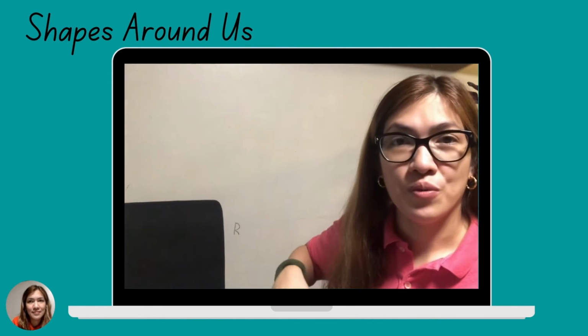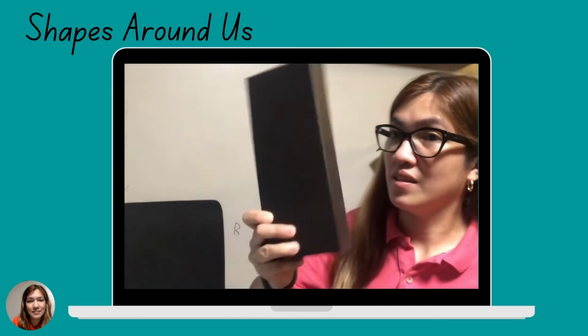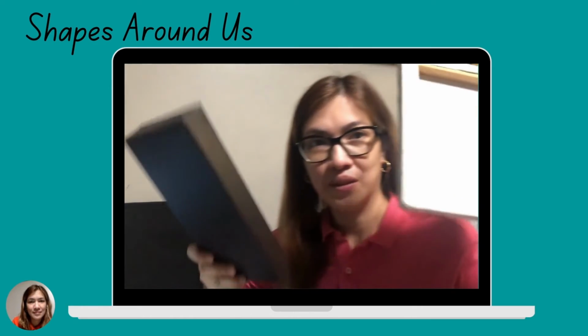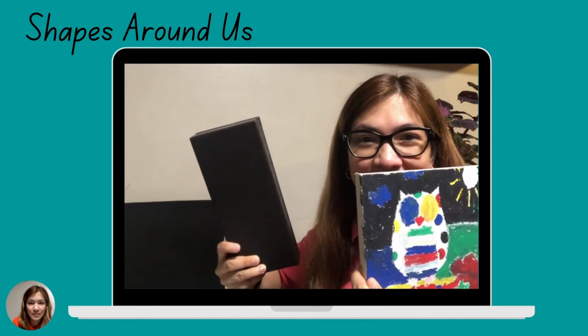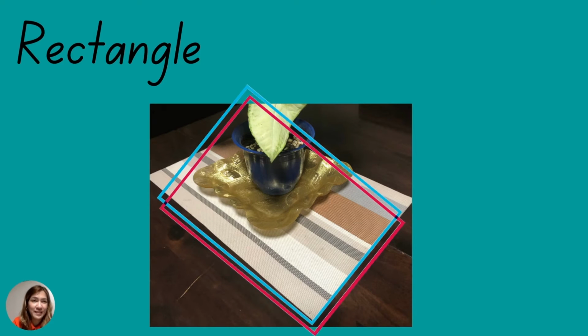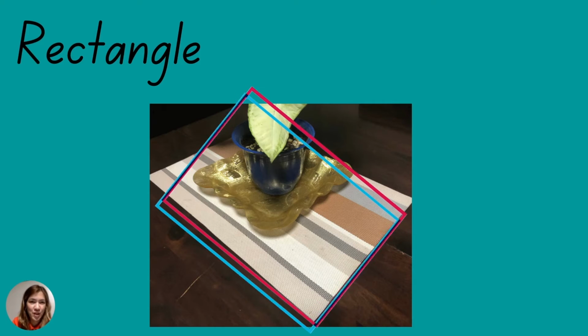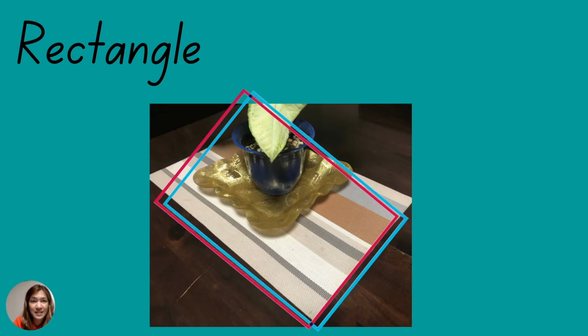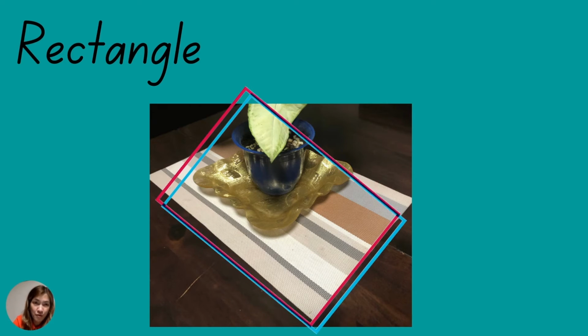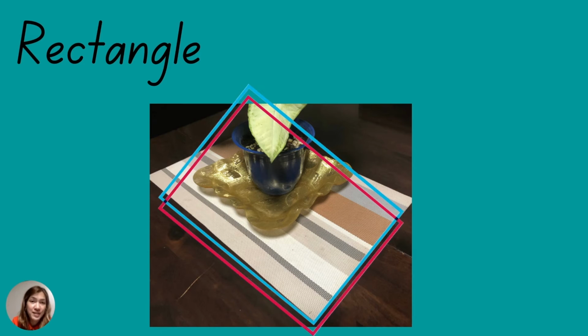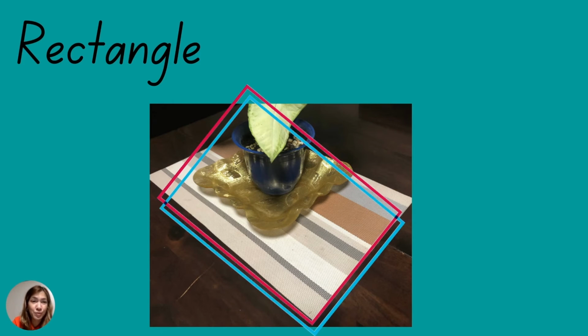How do you know whether the shape is rectangle or a square? Okay, so rectangle, that's our next shape. How many sides? Let's count. 1, 2, 3, 4. 4 sides and 4 corners too.